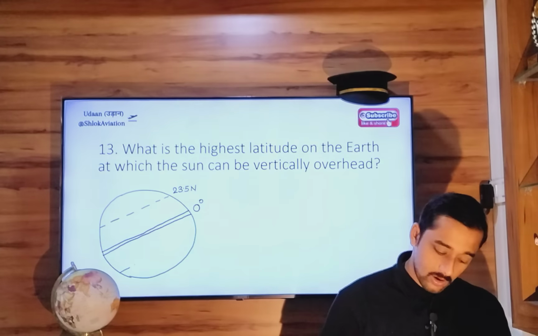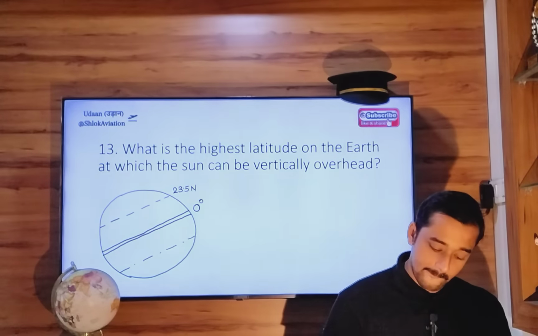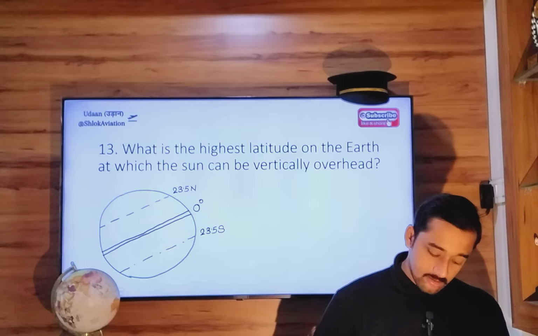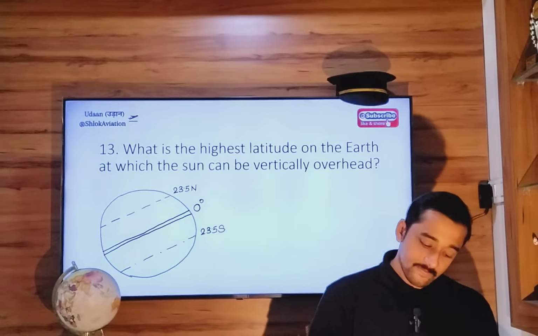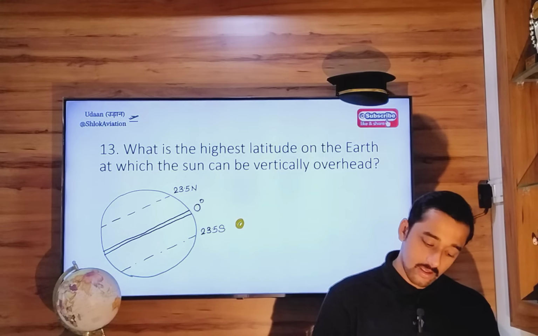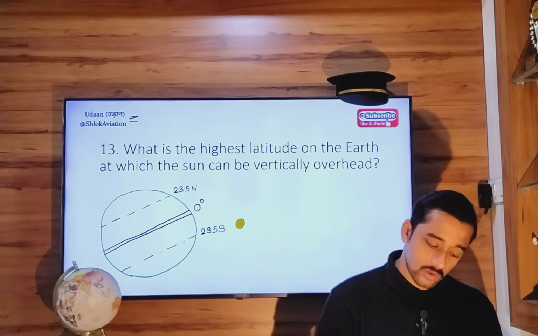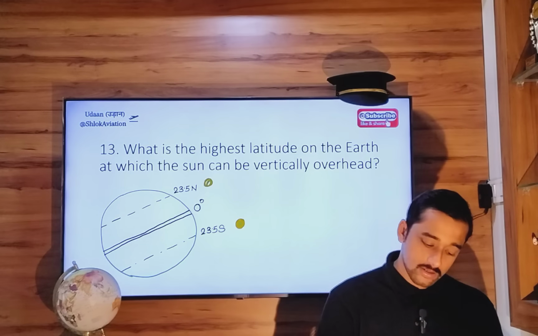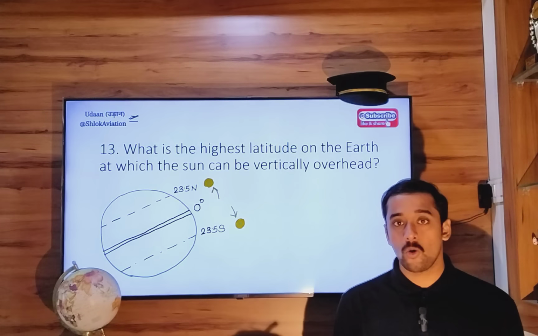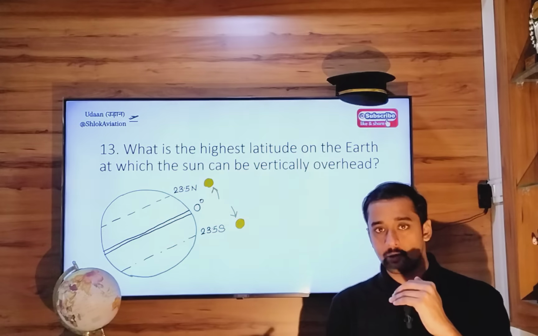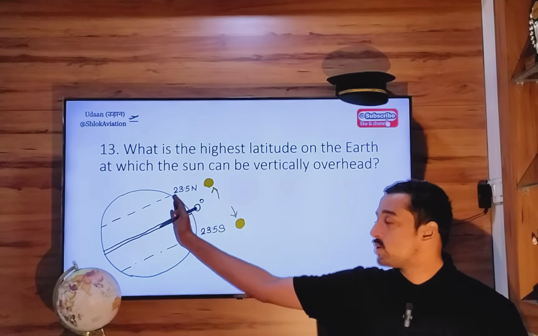We have Tropic of Capricorn. So the sun moves between these two latitudes, 23.5 south and 23.5 north. Okay, so the movement of the sun is limited between these two latitudes. So the sun will be overhead at any latitude between these two latitudes.